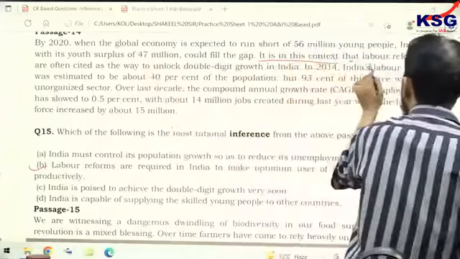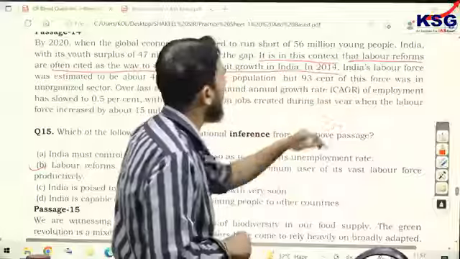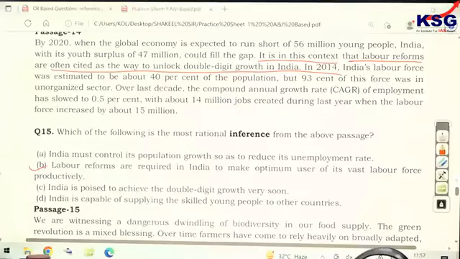Whereas the context is that labor reforms are often cited as the way to unlock double-digit growth in India. So labor reforms have been mentioned in this one. The labor force was in agriculture. Over the last decade, the compound annual growth rate of employment has slowed to 0.5% during the last year when the labor force increased by about 50 million. So labor reforms are required in India.